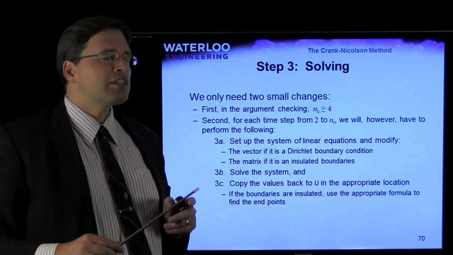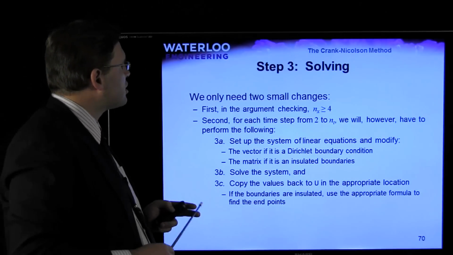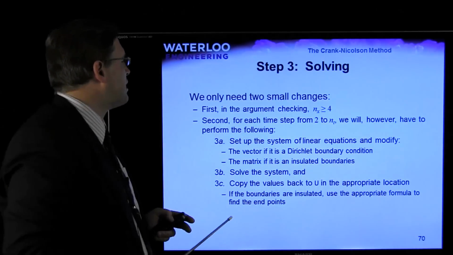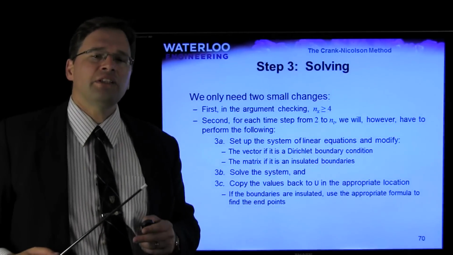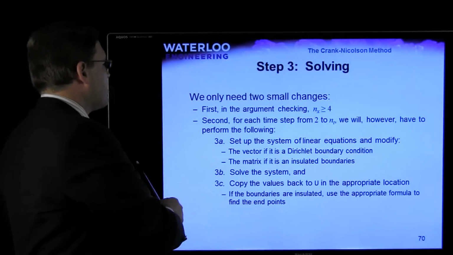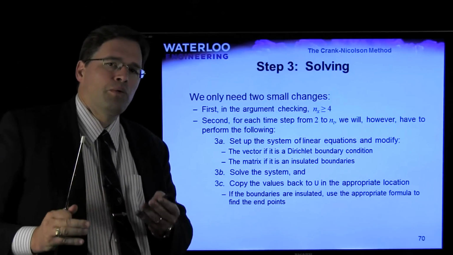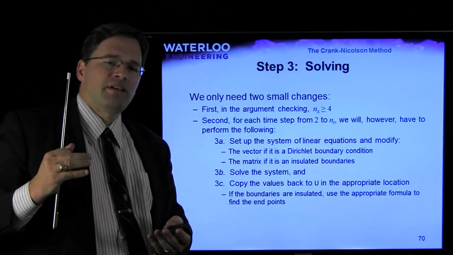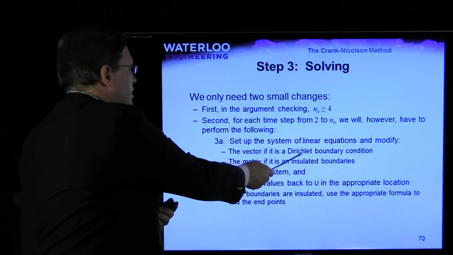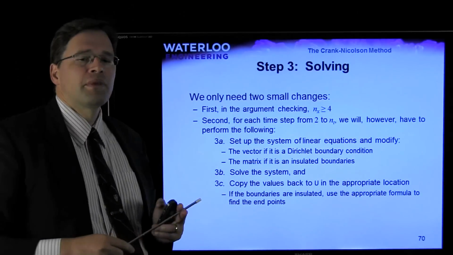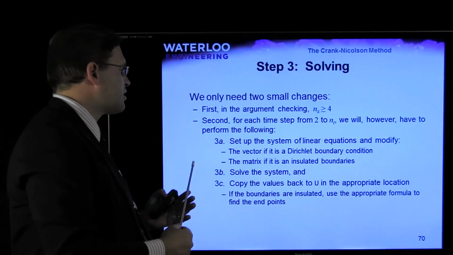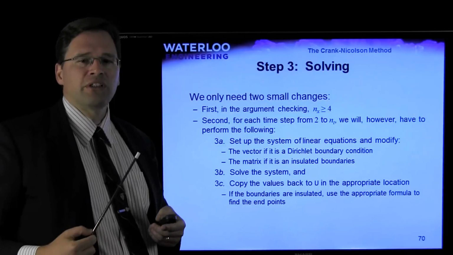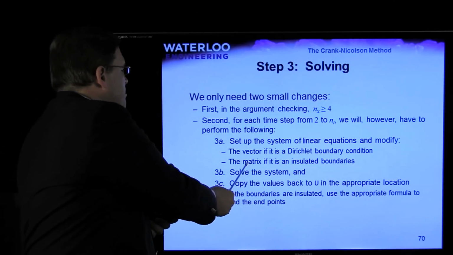Second, it's actually not that much additional work. For each time step from 2 to n_t, we'll have to make a few slight changes. We'll set up the system of linear equations, but now it's a question. If we have a Dirichlet boundary condition, then we update the vector. If we have an insulated boundary condition, which we check by using isNaN, then we have to update the matrix.